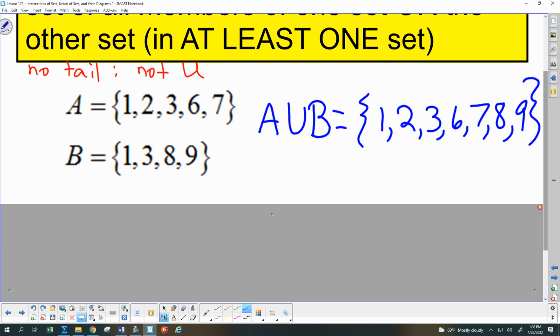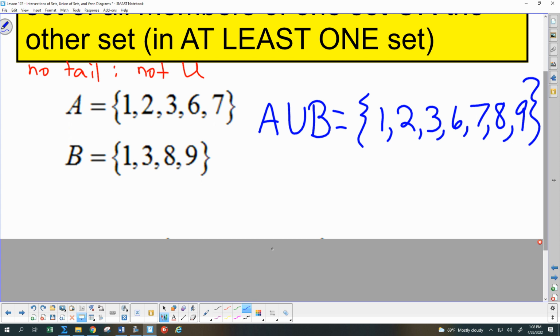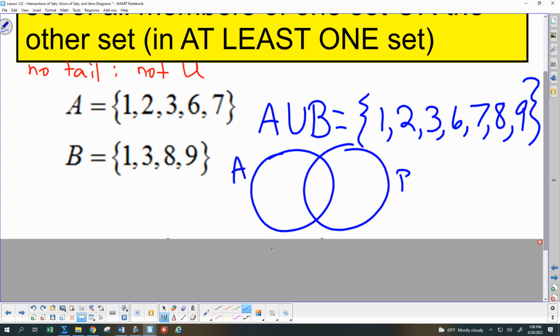So if I drew the Venn diagram for this one, same sets as before. So I still have the 1 and the 3 and the part where they overlap. Set A also needs a 2, a 6, and a 7. Set B, I've got the 1 and the 3. I also need an 8 and a 9.